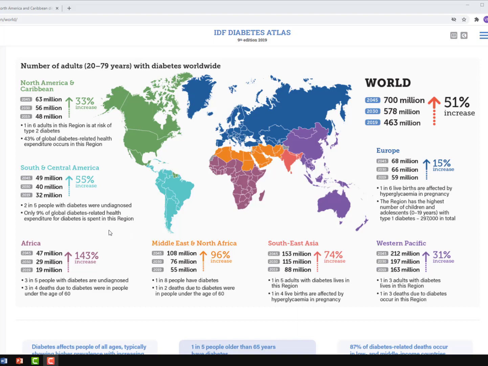Looking at other regions here, Africa is looking to see a 143% increase, which is really high. Same with the Middle East and North Africa, a 96% increase.